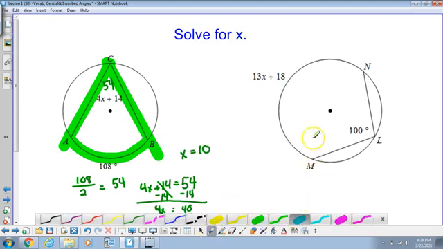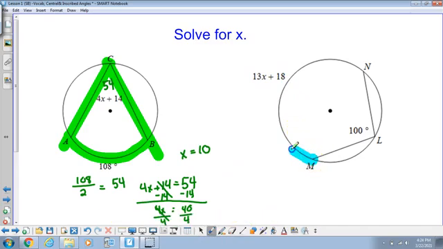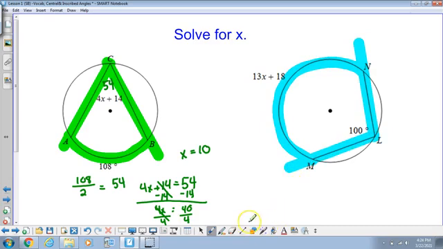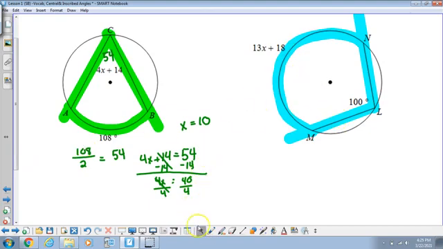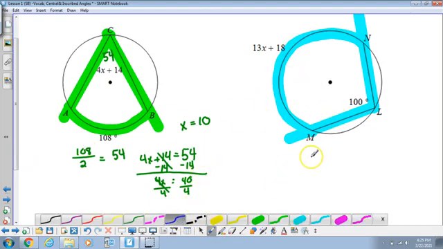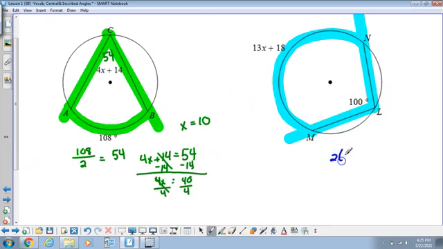And our last example here, the part we're trying to solve for is this major arc, 13x plus 18. And it goes with this inscribed angle back here that is 100 degrees. So the angle is half of the arc. That means that the arc is going to be twice as much as the angle. So 2 times 100, it's 200.